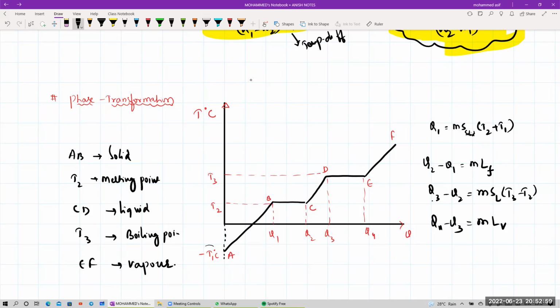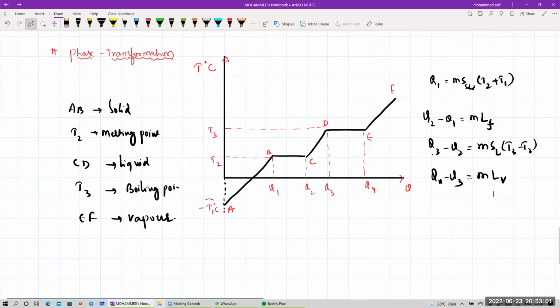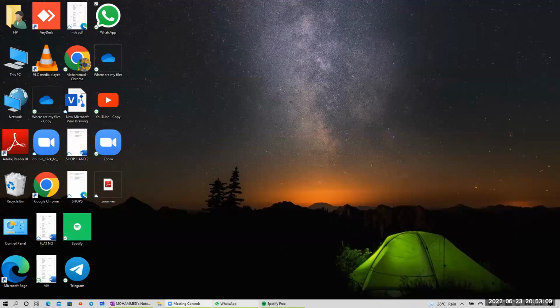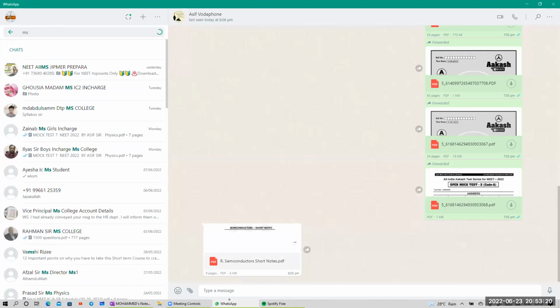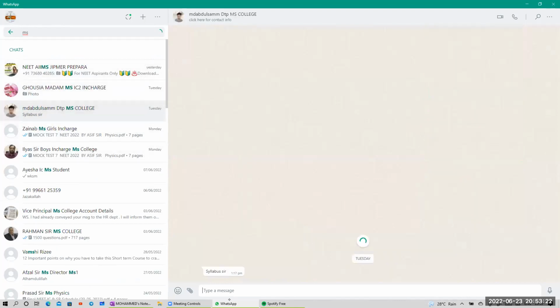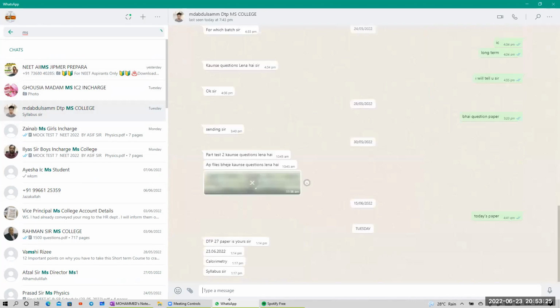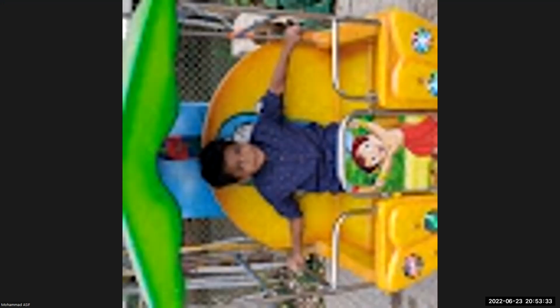Yes, sir. Should I do some problems based on this one? Calorimeter, exclusive calorimeter. Yes, sir. Let me check whether I got any paper or something like that. There was some question paper today. Just a minute.